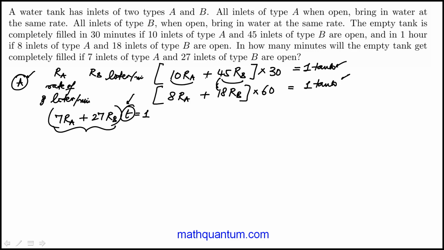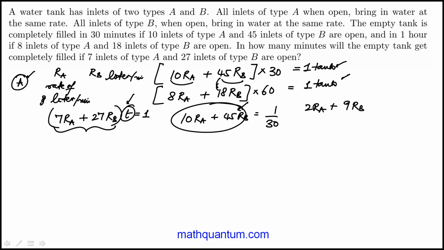So 10 R sub A, I'll just move the 30 to the other side, and maybe I'll pull out a 5 here, so just trying to reduce the coefficients here and then move it to the bottom here, and then same thing here, I'll pull out a 2, so that would be 1 over, so that matches them, that's a good sign.